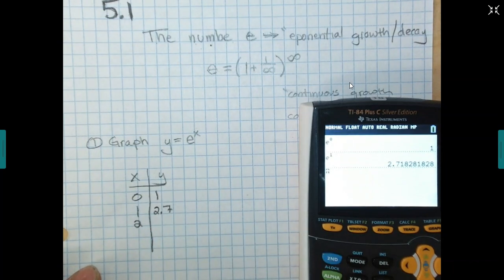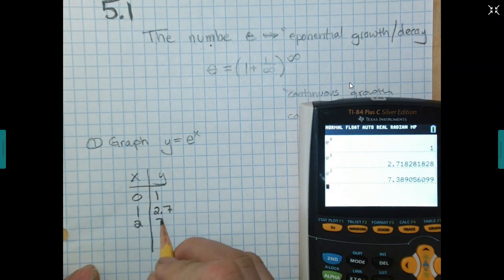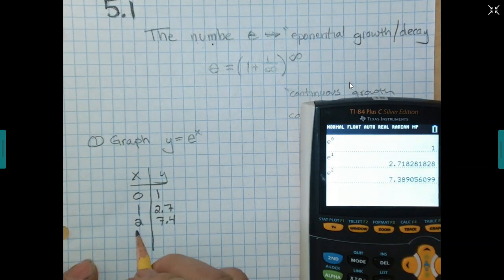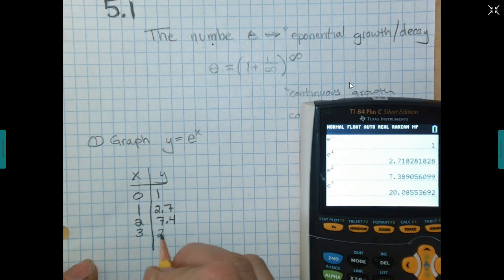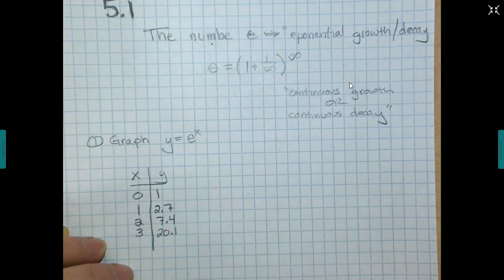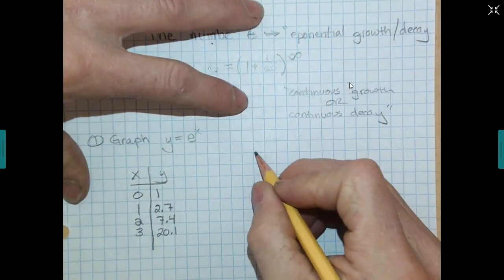Now we'll check out 2, e to the second power. That gives us 7.38, rounded to the tenth, 7.4. Let's plug in 3. So I have e to the third power, and I get 20.1. Now these are going to go off my chart, so that's good enough for me.